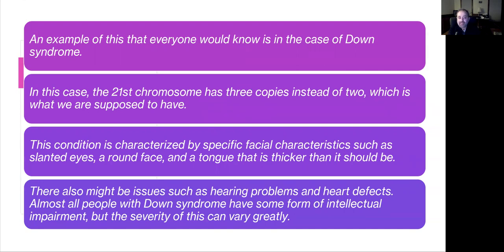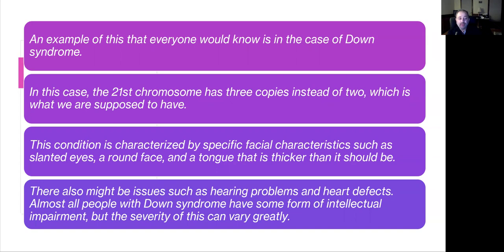That makes it 2. Instead of 2, there are 3, right? So if there are 3 copies of those, which are supposed to be 2, this condition is characterized by specific facial characteristics, such as slanted eyes, a round face, and a tongue that is thicker than it should be.